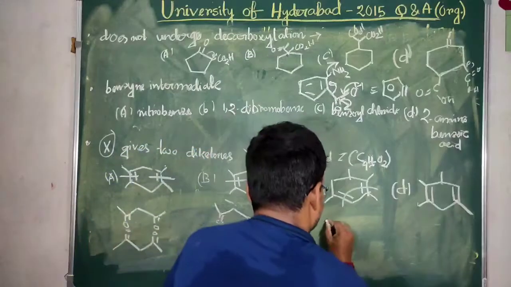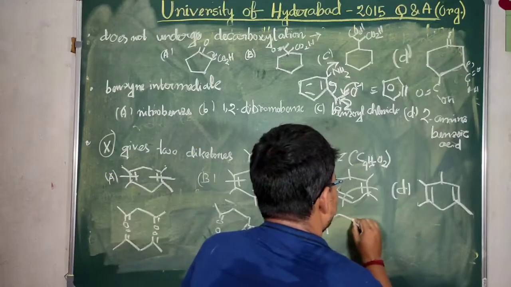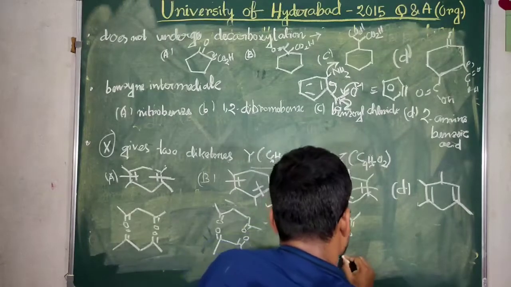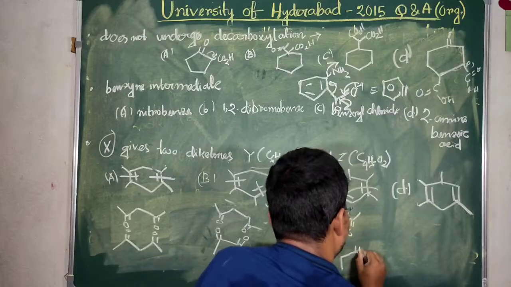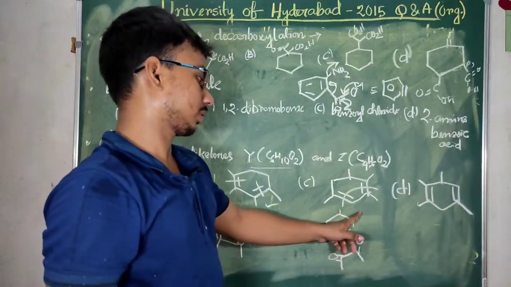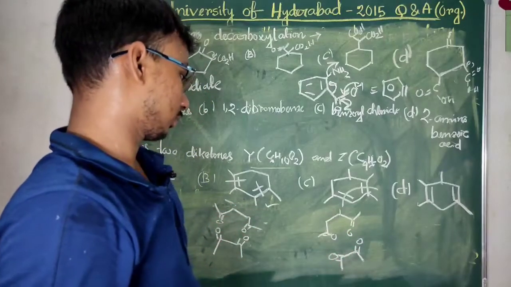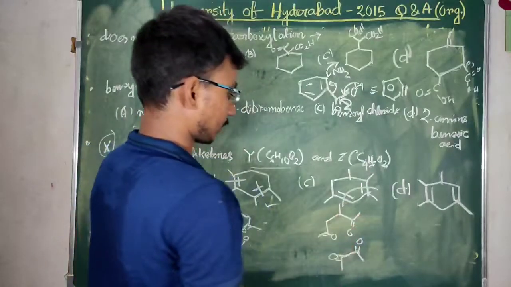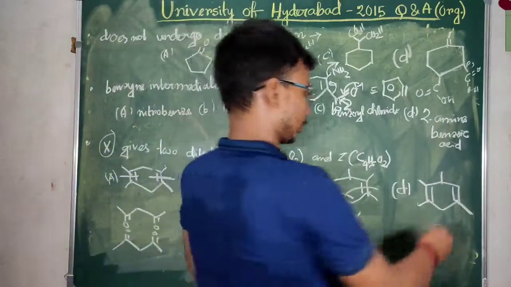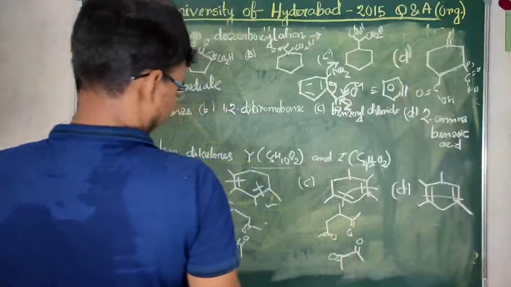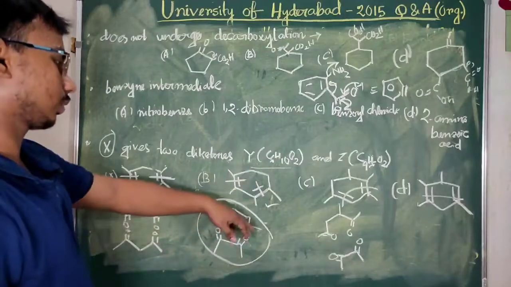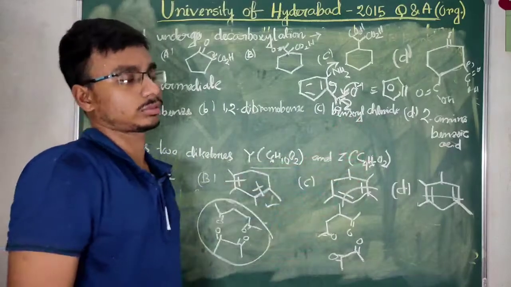Okay, one, two, three, four, five, six carbon, no, 7 carbons, 1, 2, 3, 4, 5, 6, 7 carbons, not matched. Here also the same. So finally this is X, because after ozonolysis we will get these predicted compounds.